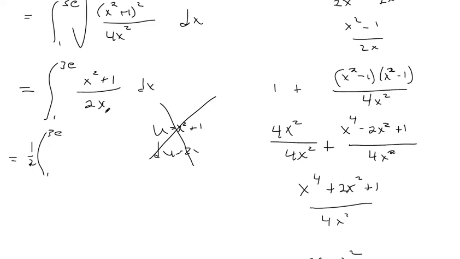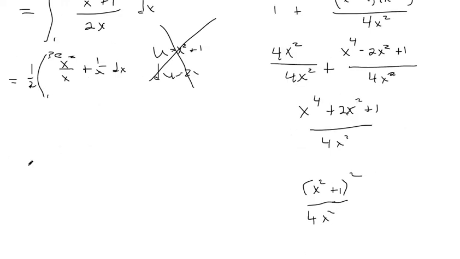I factor out the 2, that's a 1/2 on the outside, and so we can break it up like this. Now we can just use the linearity property of the integral operator. So this is x squared over x makes x, and then still multiplying by 1/2, the integral from 1 to 3e of 1 over x dx.